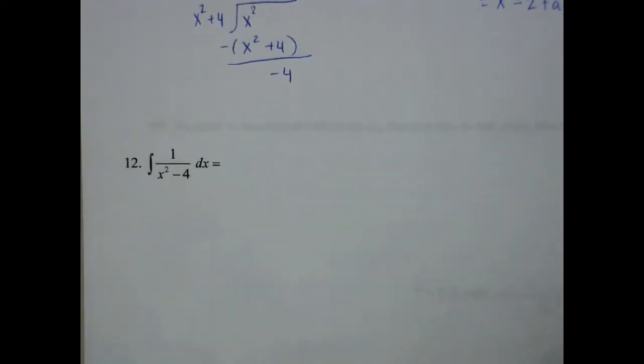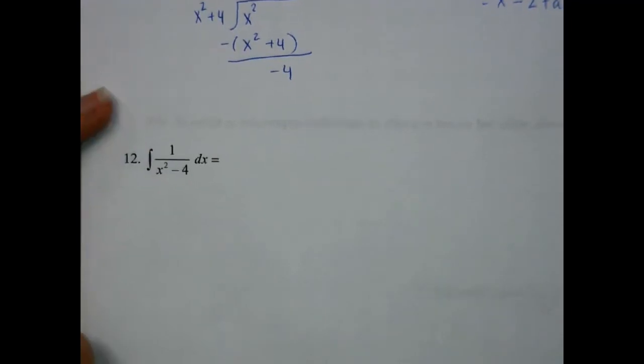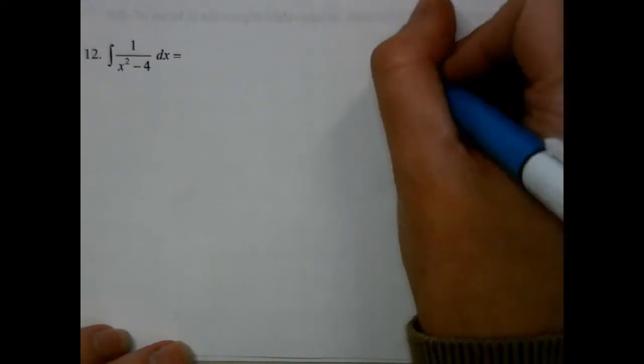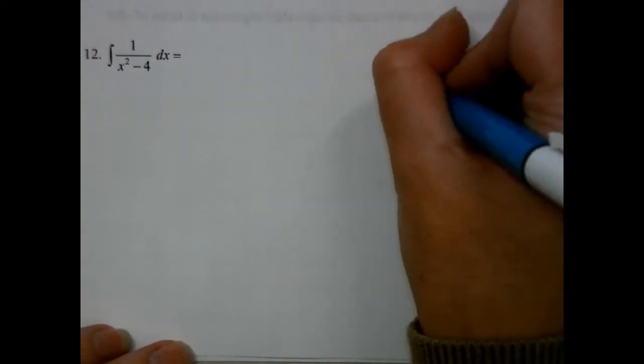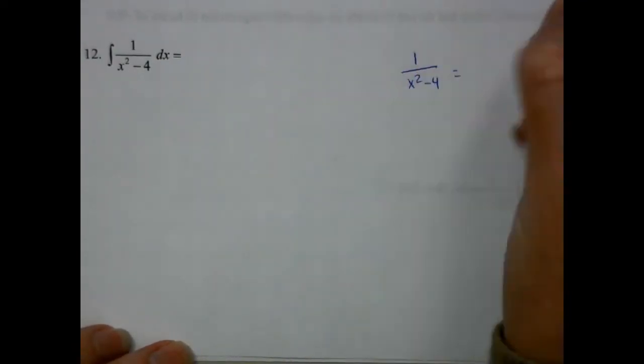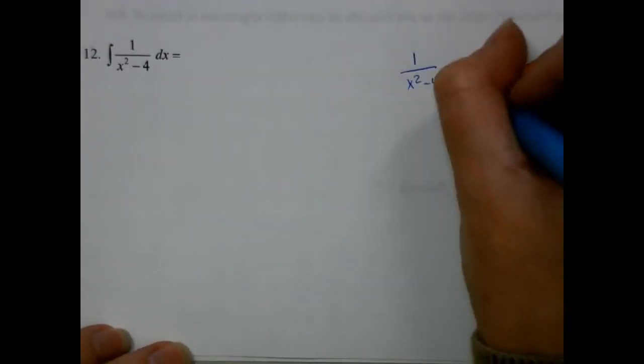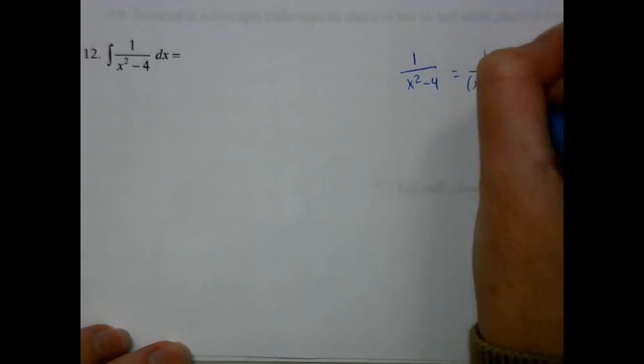The last one, we can factor this. So if we can factor this, then we want to use partial fractions. So we're going to do some algebra, which makes this x plus 2, x minus 2.